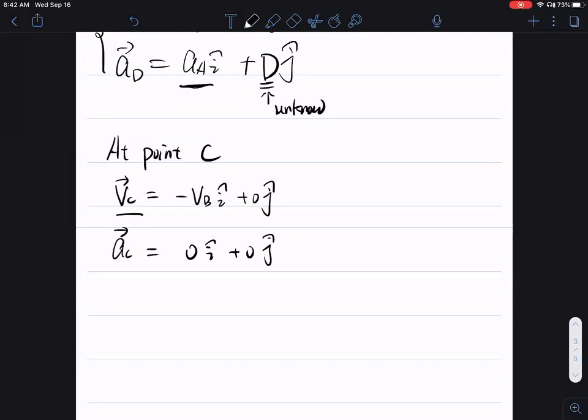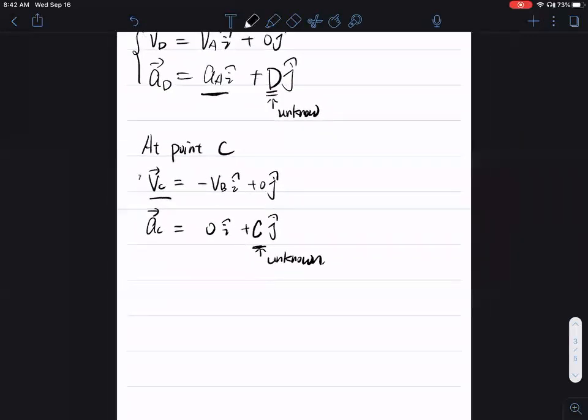This is not right. Even though it tells you block B has zero acceleration, that's only in the i direction. That's right, 0i. But for the j direction, we're not sure what it is. So do not assume that's 0. Give it a symbol. Let's use capital C for this. This is something unknown we are trying to solve.